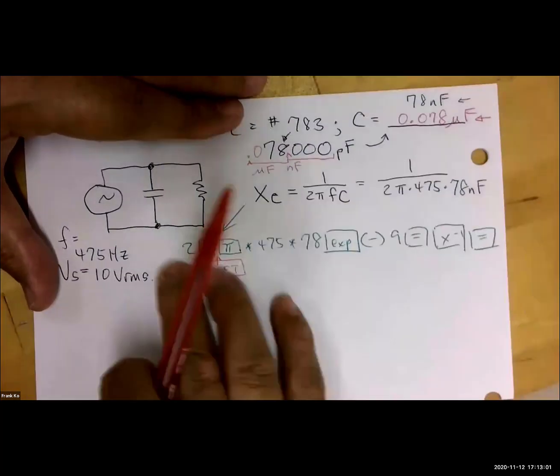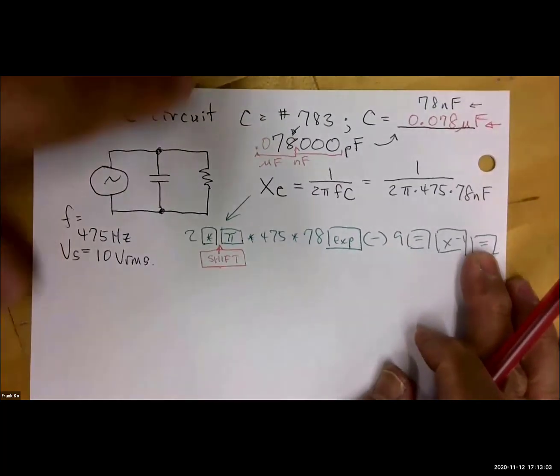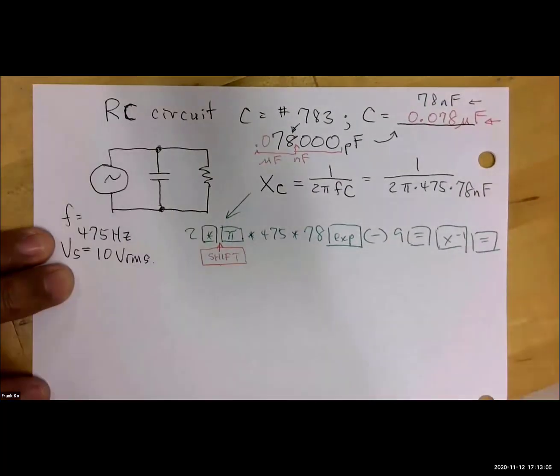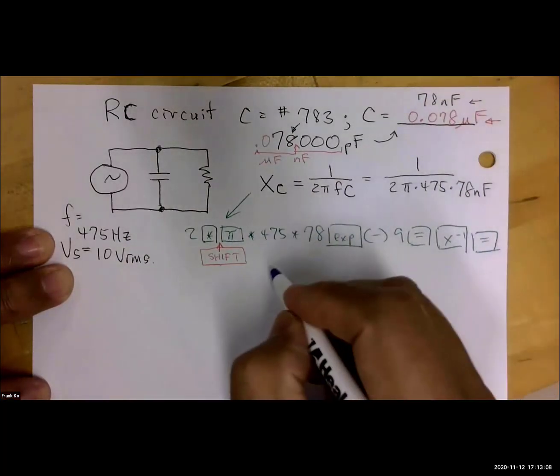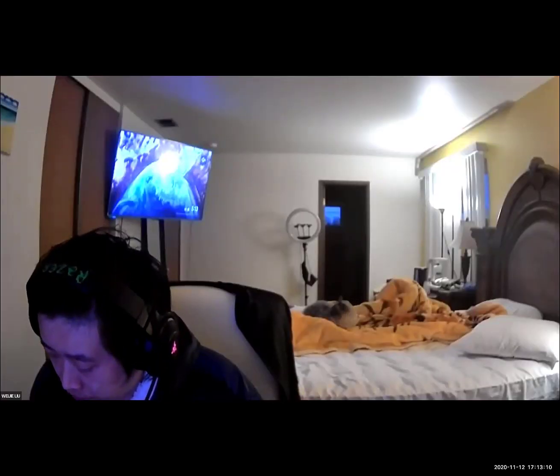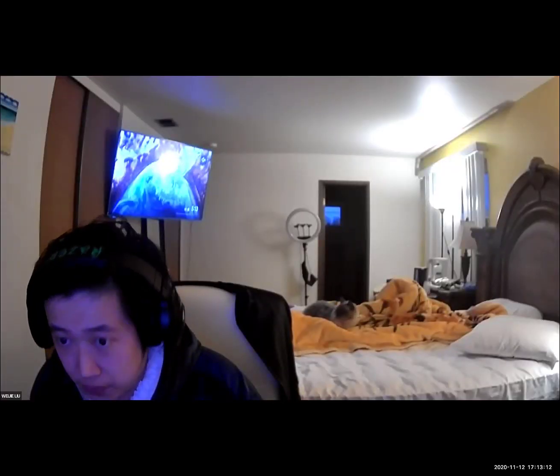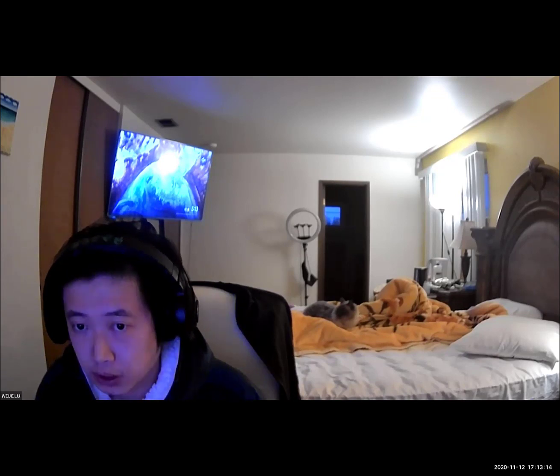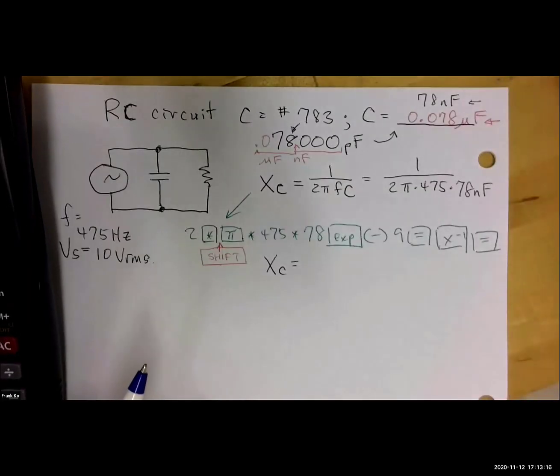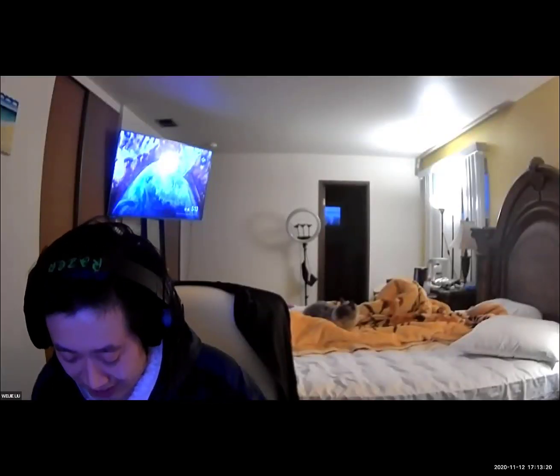So if you use this keystroke sequence, what do you calculate the ohms of this to be? Wei Ji? 4.3 kilo ohms. 4.3 kilo ohms exactly? So I rounded.